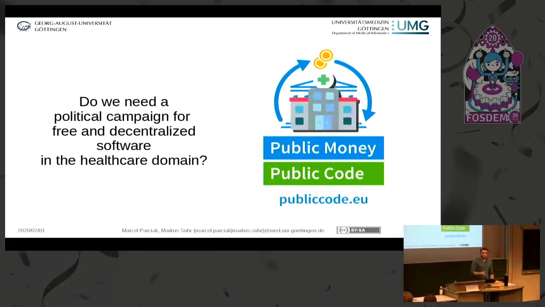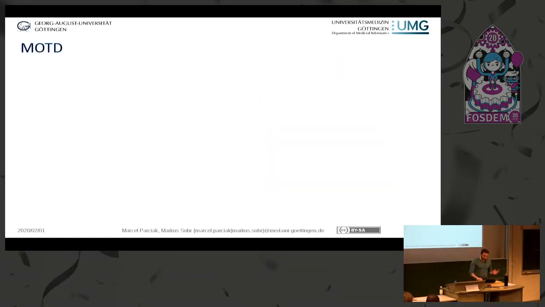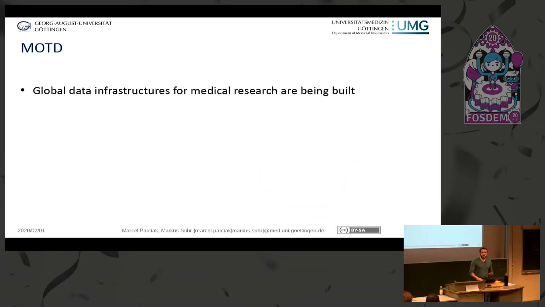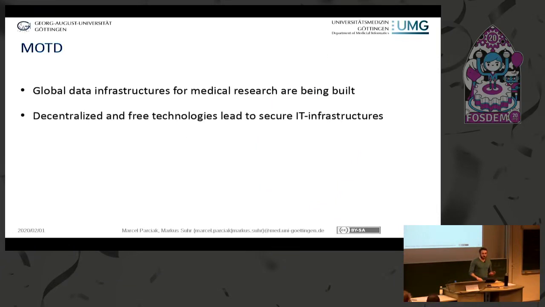So we need that for medical research especially, and we should emphasize that everyone who's working in this medical field should think about making not only the data open, just as is, but thinking about the tools that you are using and making these open, and the data flows you're creating. So global data infrastructures, we saw them, they are being built, and we should establish decentralized and free technologies to ensure secure IT infrastructures.